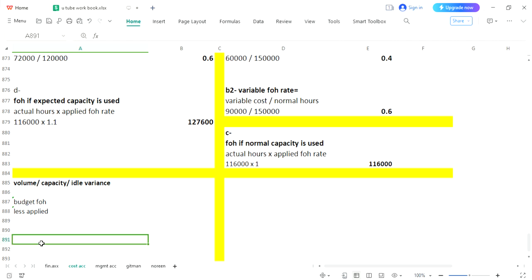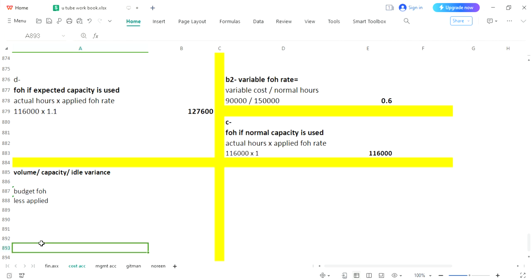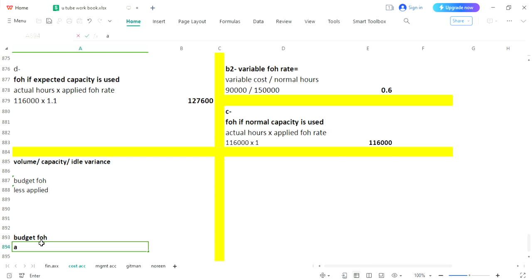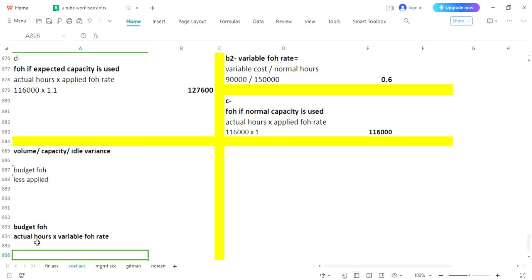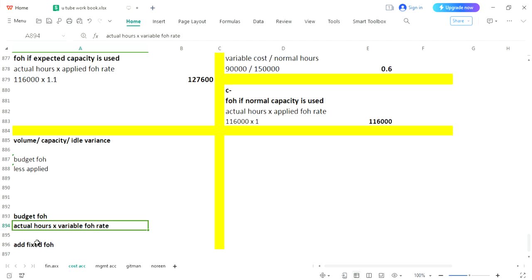Beside this, we will be calculating budget FOH. It has a two-line formula: actual hours multiplied by the variable FOH rate, and then you add fixed FOH to calculate budget FOH.